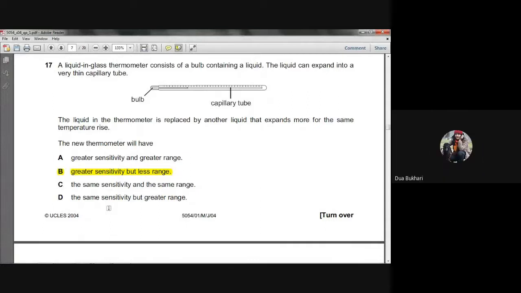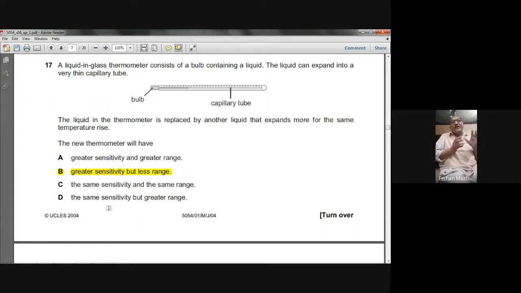You see, for example, if the previous liquid reaches the end of the thermometer at, let's say, 100 degrees centigrade, it expands and reaches the end of the thermometer at 100 degrees centigrade.